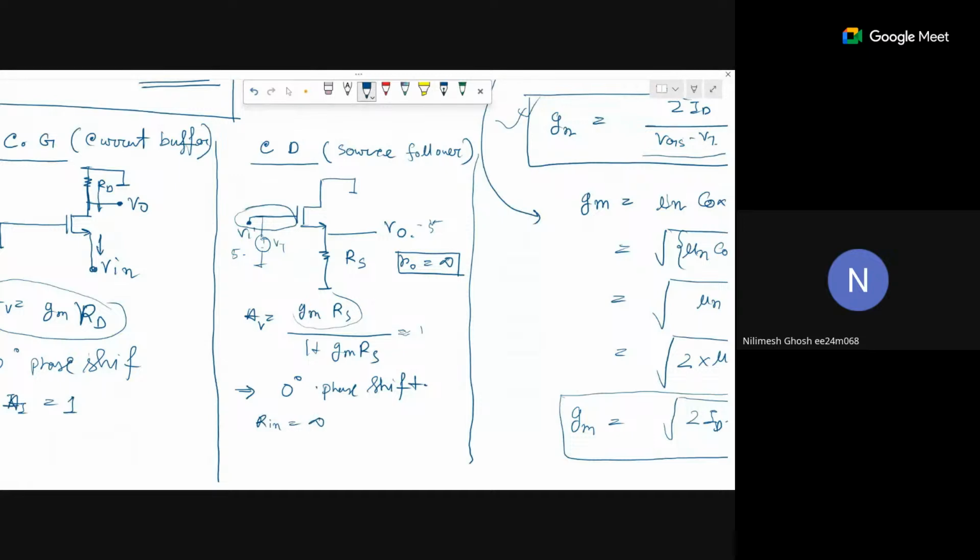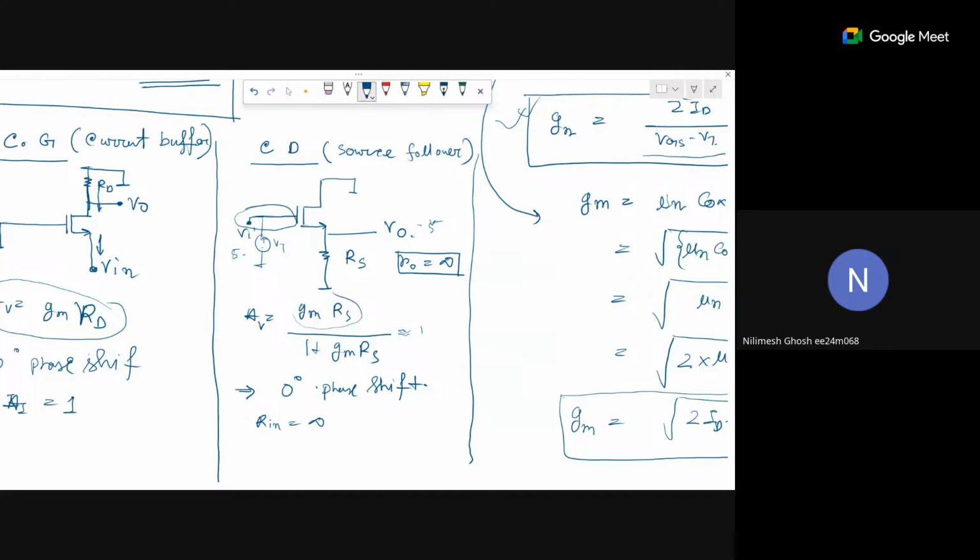Whichever configuration uses the gate as the input terminal will have infinite input resistance, provided there are no parallel resistances. If there are parallel resistances, those will be our input resistance. But if there are none, our input terminal has infinite resistance, so R in will be infinite.